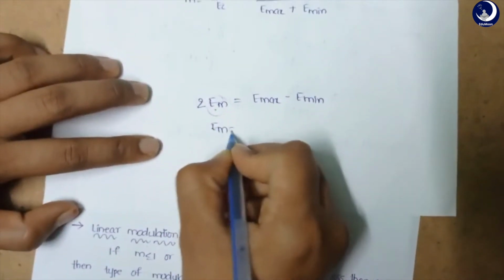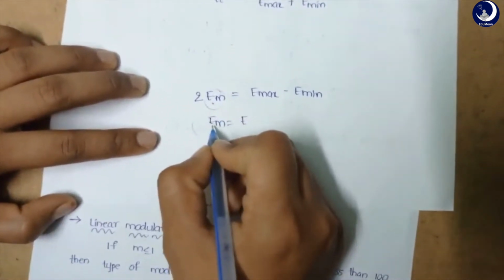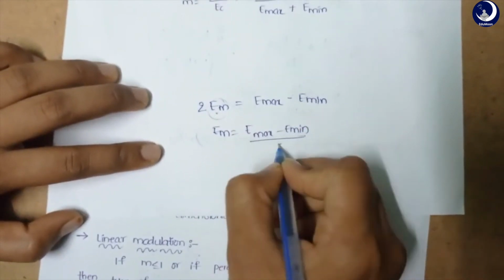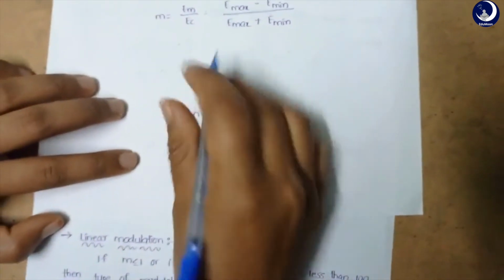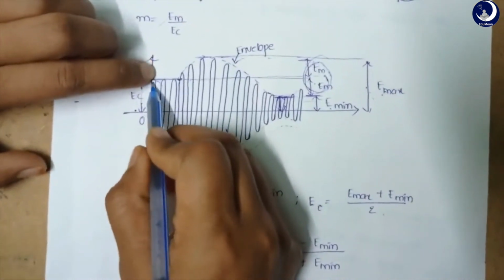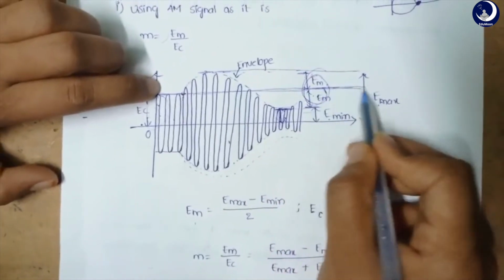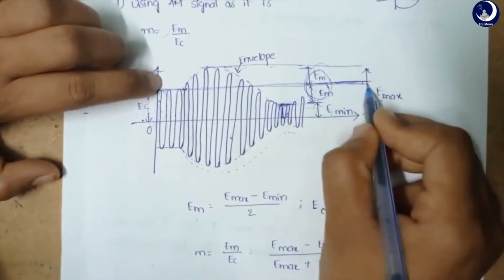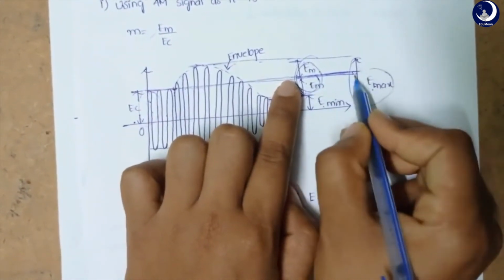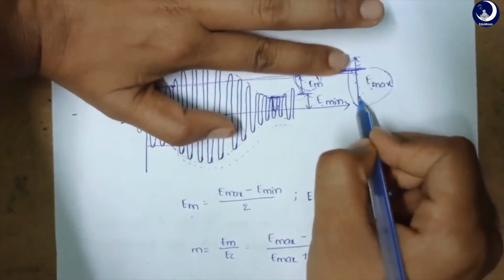From there we get the amplitude of the modulating wave, Em, equal to E max minus E min by 2. And again this is Ec, which is up to this point. We can derive that by E max minus Em. Then we will be getting Ec.